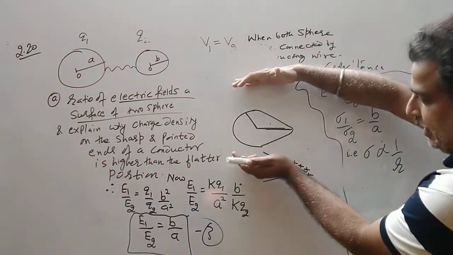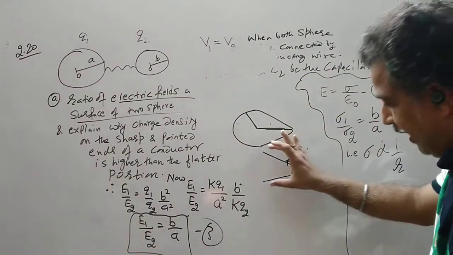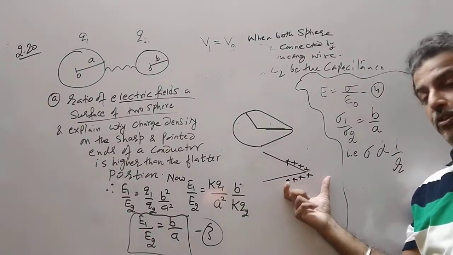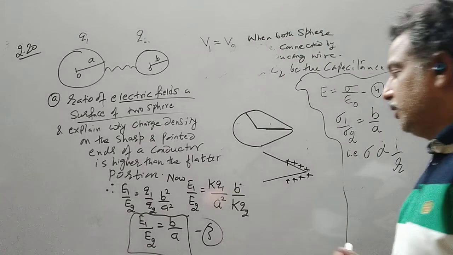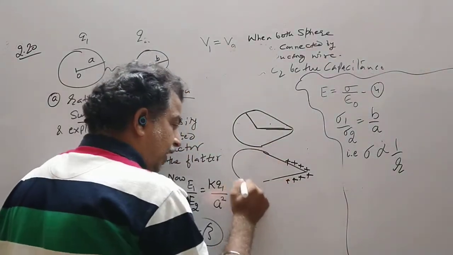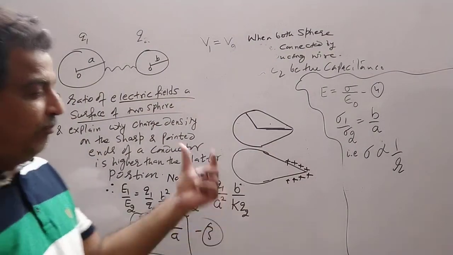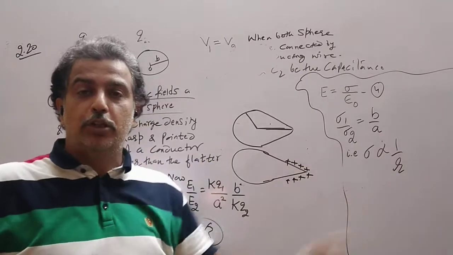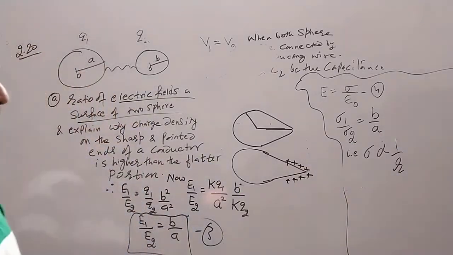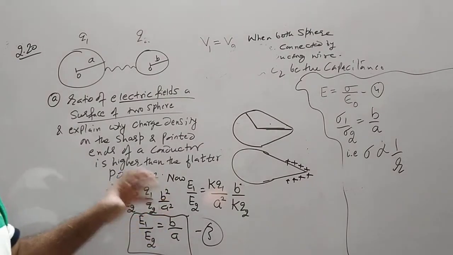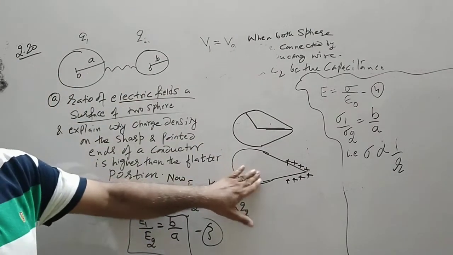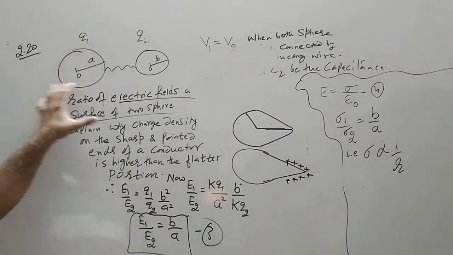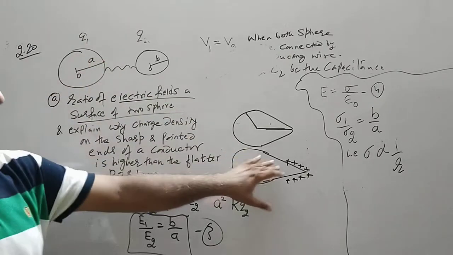So if we compress any conductor and make it pointed, the surface charge density will be more as compared to the surface charge density at a flatter portion. So why? From this expression it should be clear that surface charge density is inversely proportional to the radius. So as the radius decreases, if I compare its radius and the average radius of this shape, and this is a sphere, then its average radius is less.